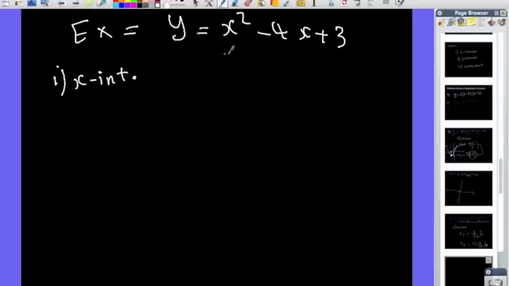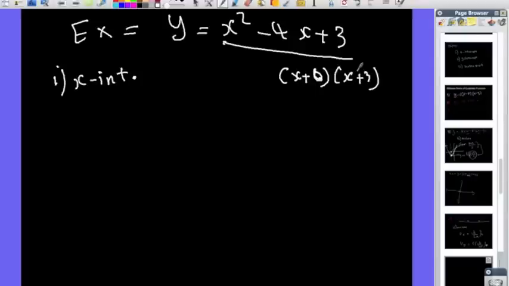But then there's another way. You just turn this into the form where you have something like x plus 6 and then x plus 3. You just turn that into one of these.